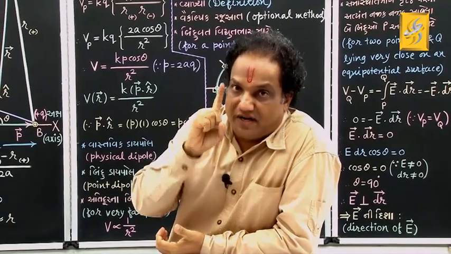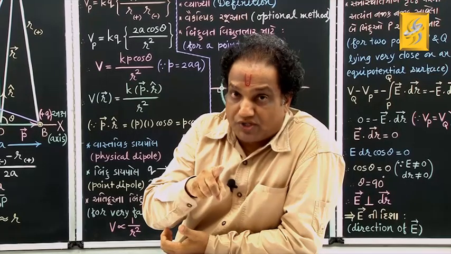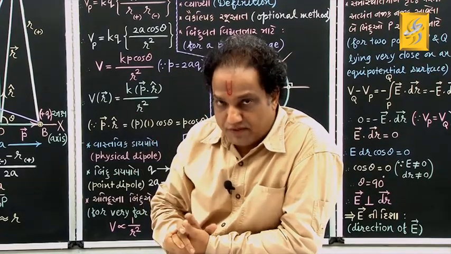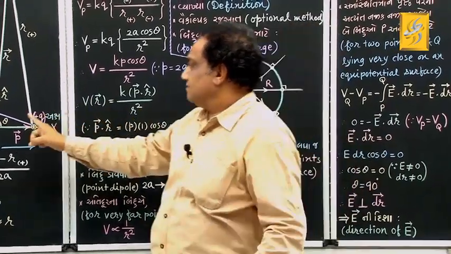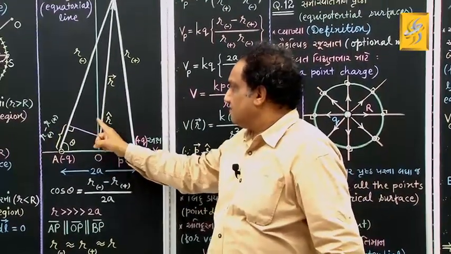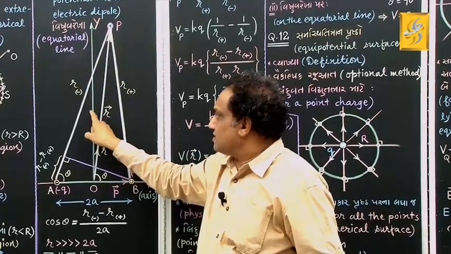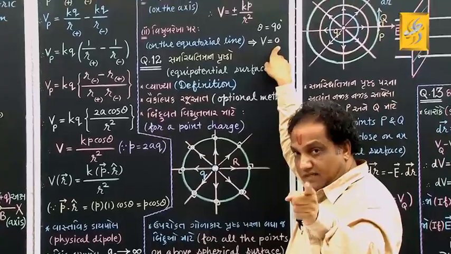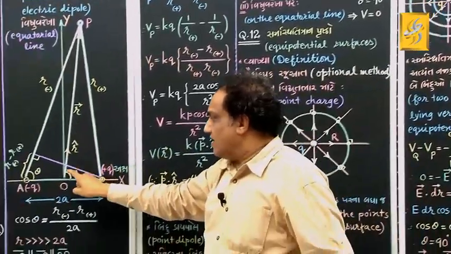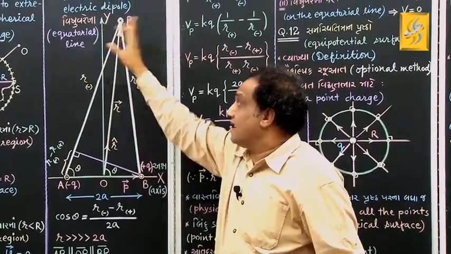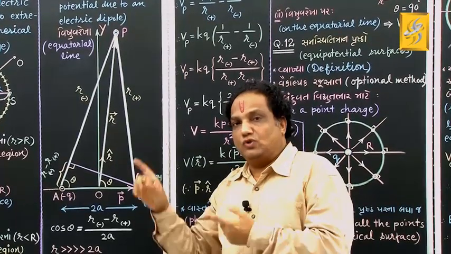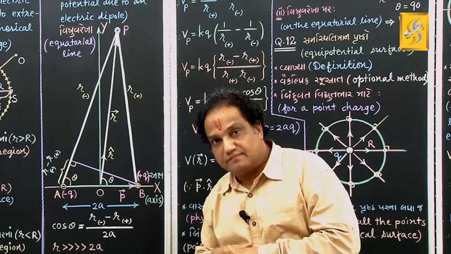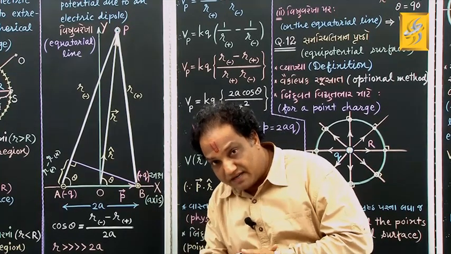When electric field is there, electric potential may be or may not be. I am showing you here. On this equatorial line, at all the points, electric potential is 0. But there is some electric field at all these points on the equatorial line. So though potential is not there, electric field is there.